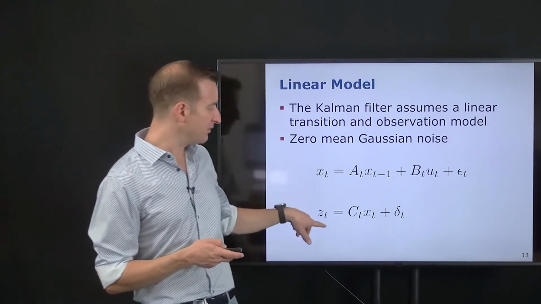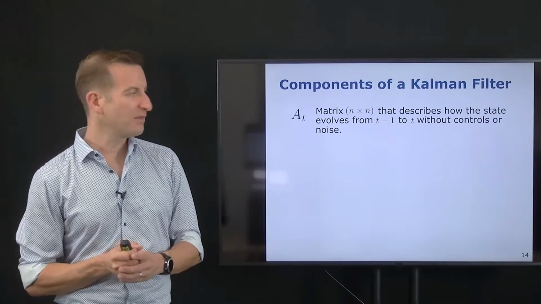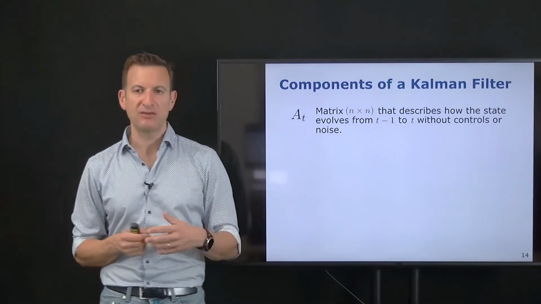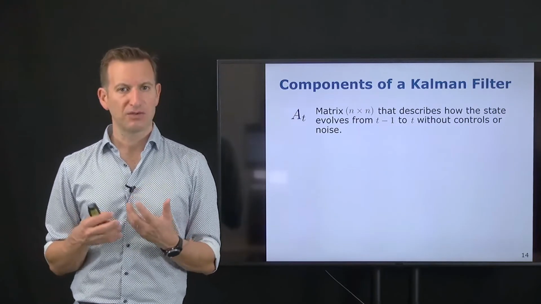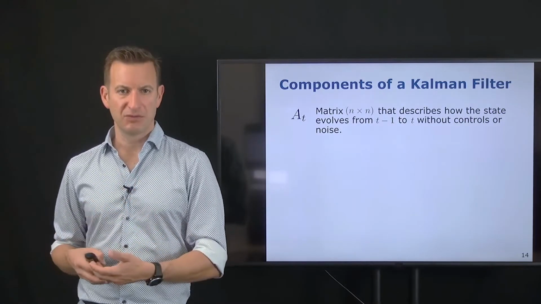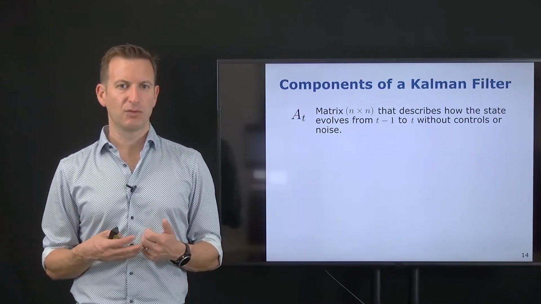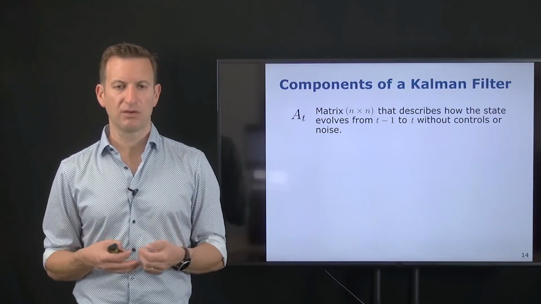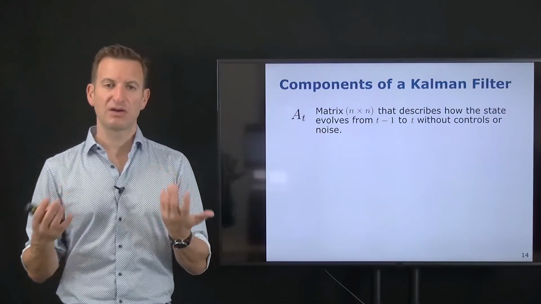So let's dive a little bit into the details and explain the individual components here. We start with this matrix A. A is an n by n matrix where n is the dimensionality of my state vector, and it tells us how the state evolves from time t-1 to time t if we don't apply any controls or have any noise or errors associated with it. So A_t basically tells us how a state evolves.